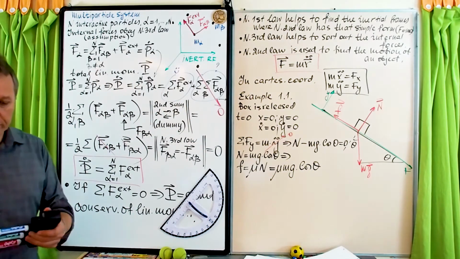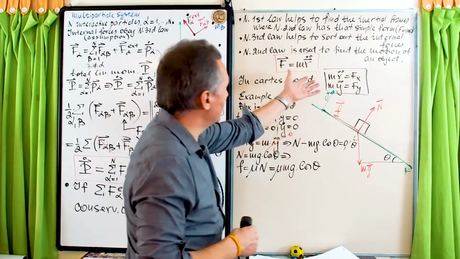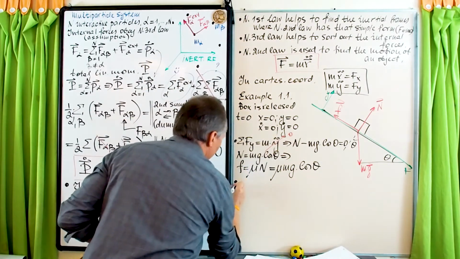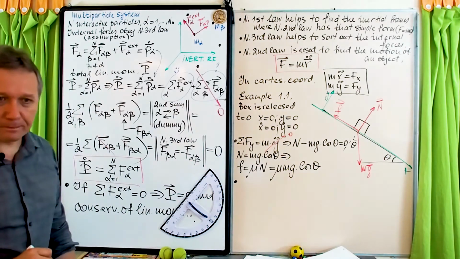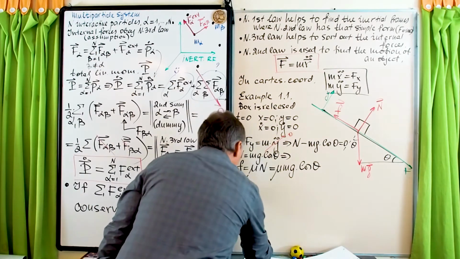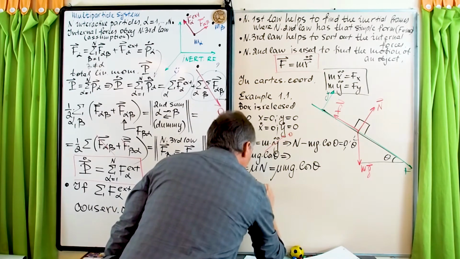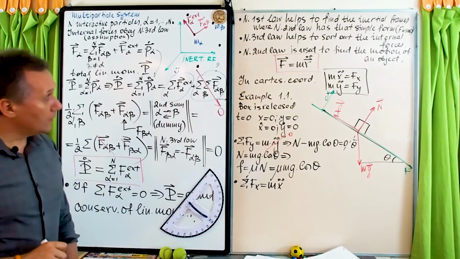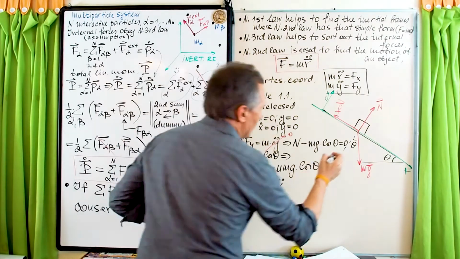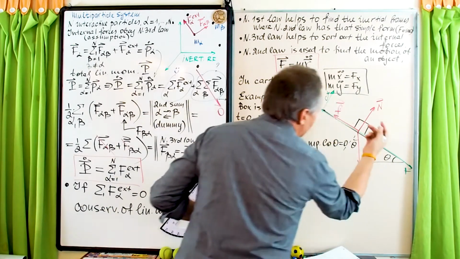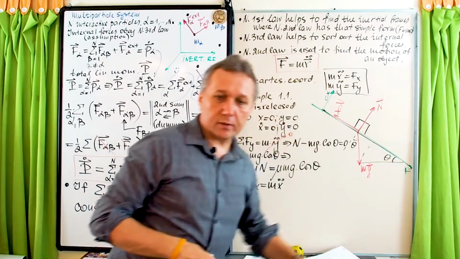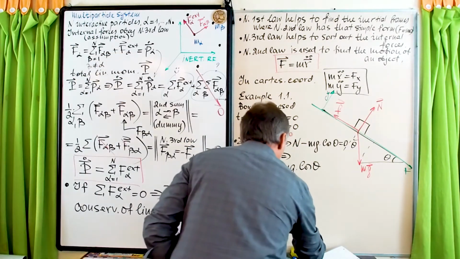Okay, so now we are ready to apply the second equation, of course. So let me put a bullet here. Now a bullet for the x component. So the sum of the forces in the x direction equals mass times x double dot. In the x direction, this component of mg will be mg sine theta, and that component is in the positive x direction, so it goes into the equation with plus.